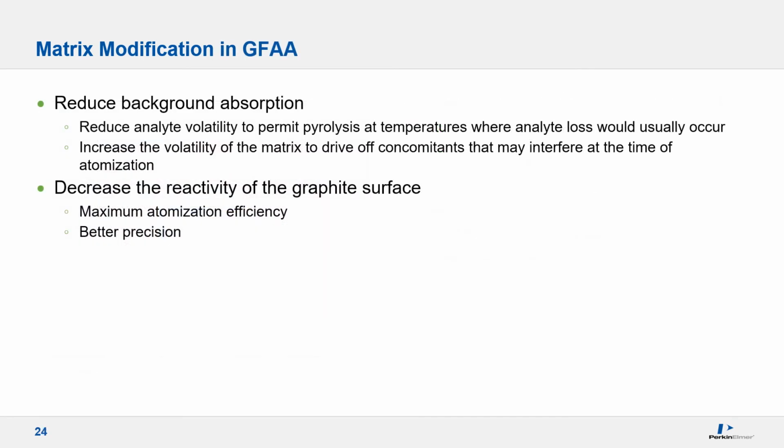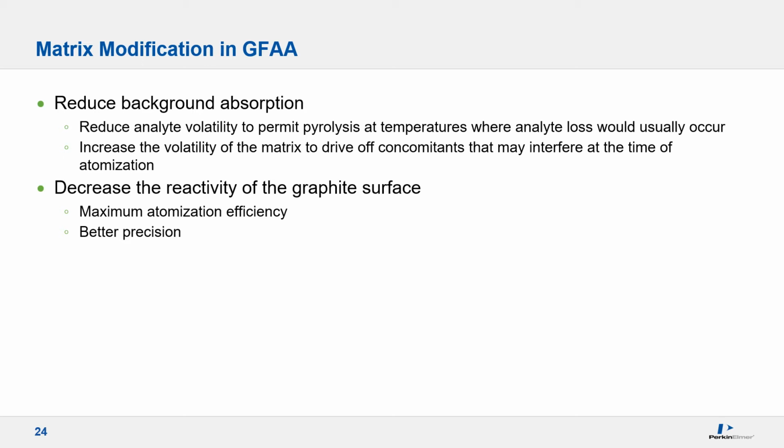The importance and benefit of reducing analyte volatility cannot be overstated, since it allows us to char at the highest possible temperature while removing as much of the unwanted matrix components as possible, which will typically produce lower background and fewer vapor phase interferences.